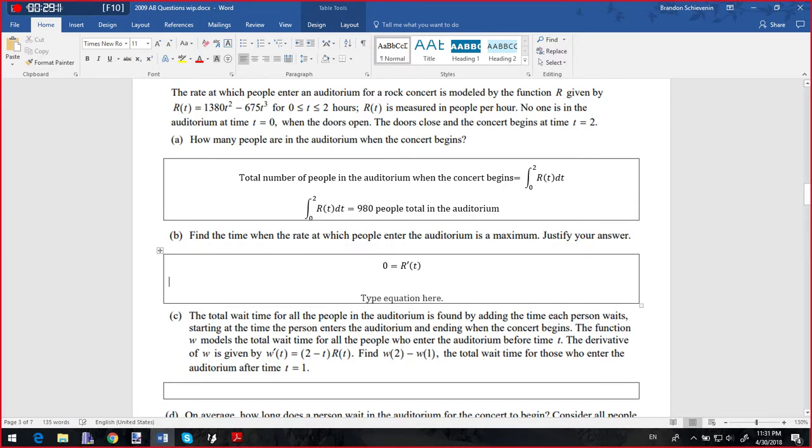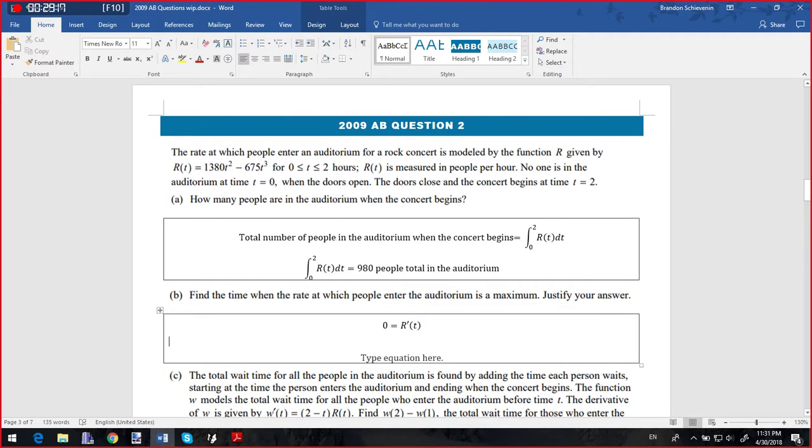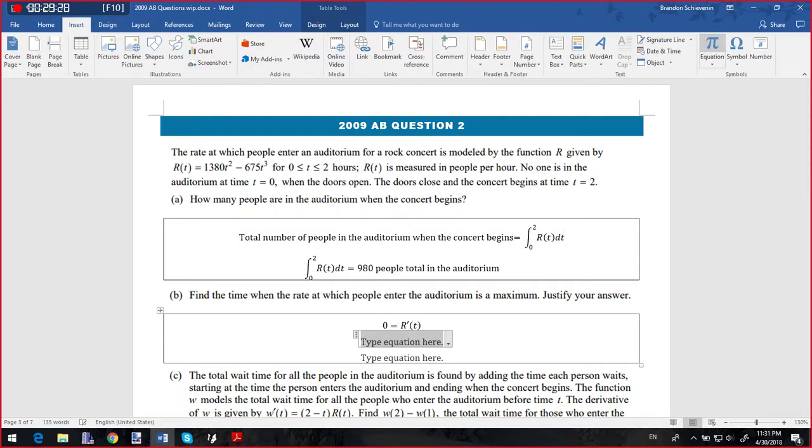Thank you. Okay, so we are on 2B. I'm finding the time at which the rate at which people are entering the auditorium is maximized. So I'm going to set the slope of this function equal to 0 and solve for our time. Let me go ahead and derive this function really quick.